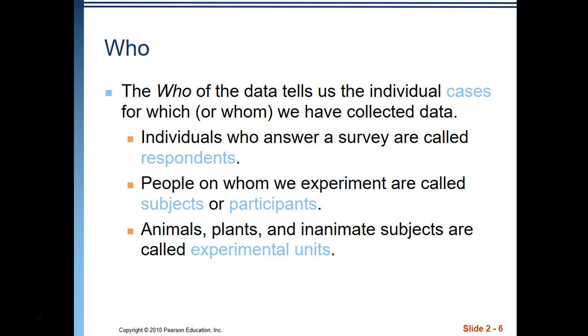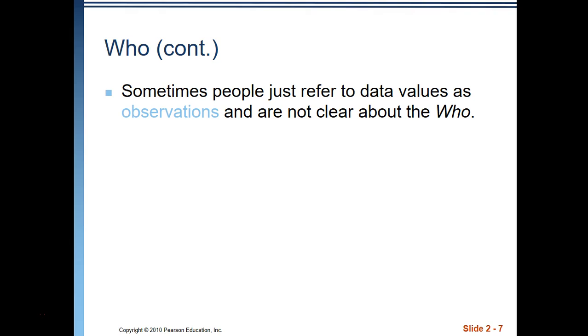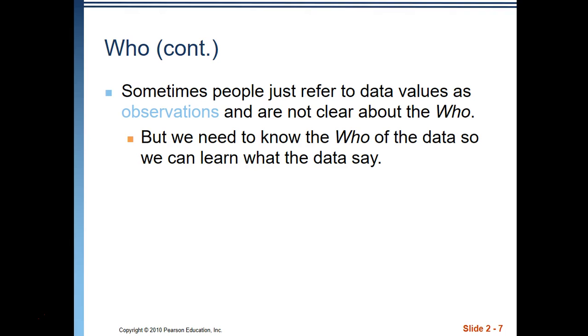People are subjects. Everything else, they are the experimental units. Sometimes people just refer to data values as observations and are not clear about the who. But we need to know the who of the data so we can learn what the data says.